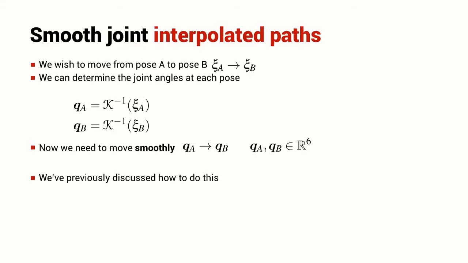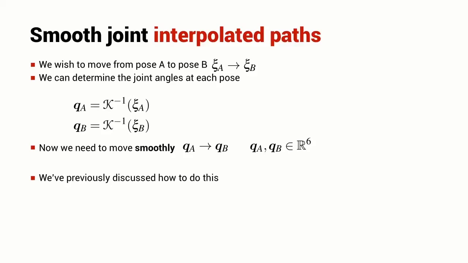We talked about how to create smooth paths for the robot end effector moving from one pose to another, and we introduced two approaches to doing this. The first is what's called a joint interpolated path. We take the initial pose and the final pose, and we use inverse kinematics to determine the initial and final sets of joint angles. Then we smoothly interpolate between those two sets of joint angles, and that's relatively straightforward to do.